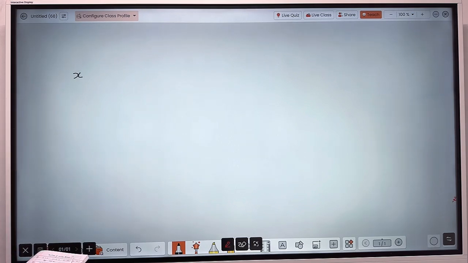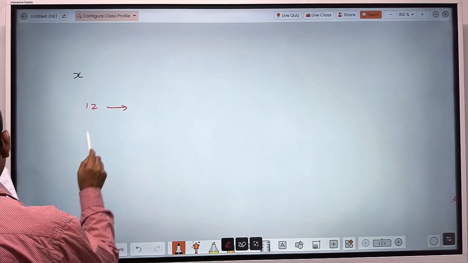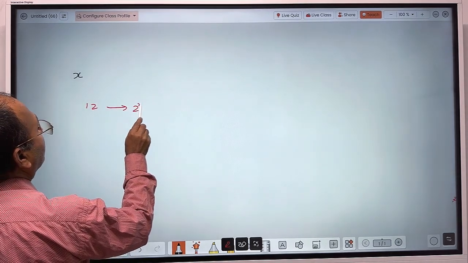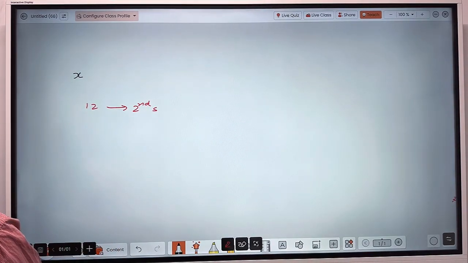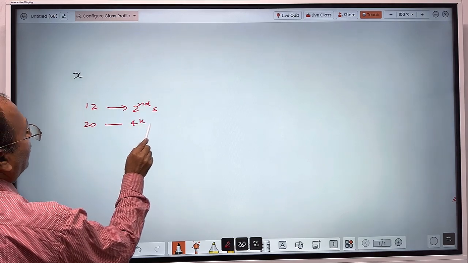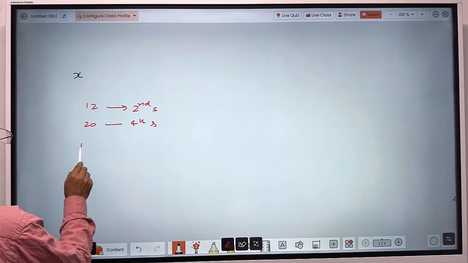Okay, a body covers 12 meter in 2nd second and 20 meter in fourth second. How much distance will it cover in 4 seconds after the 5th second?